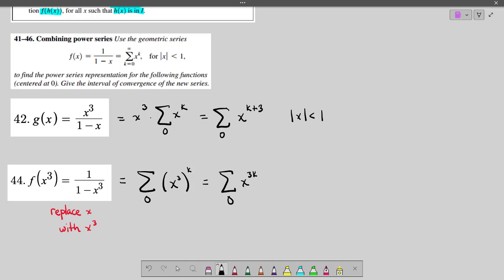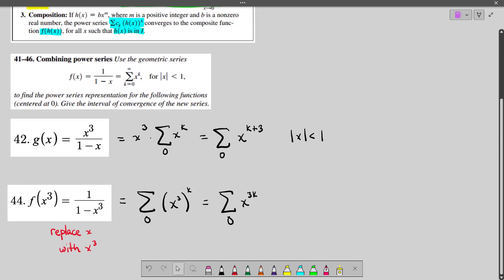Now, interval of convergence. So this piece sounded more complicated than it is. So the original power series for the geometric series is -1 less than x less than 1. Right? That's the original. It's the same as this one right here. You can write this as a compound inequality.